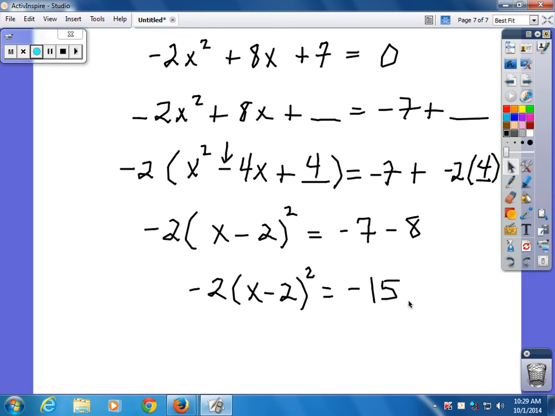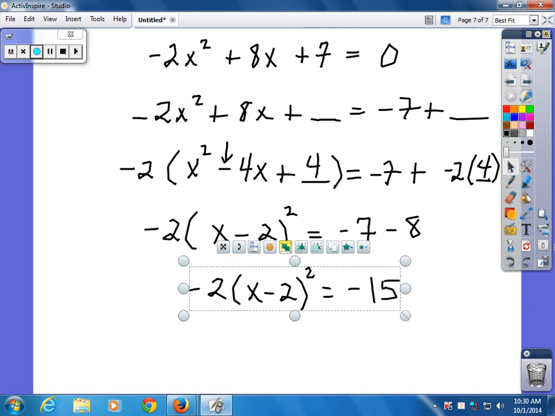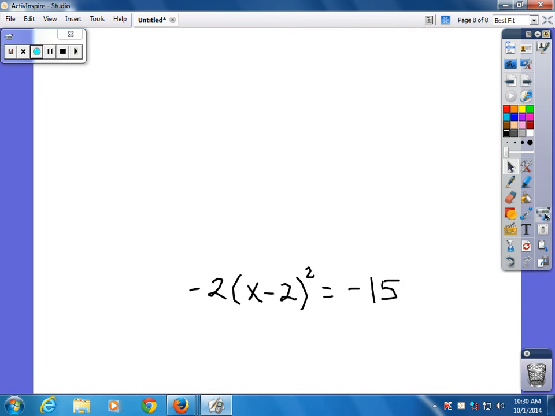Let's take this guy over to the next page, since the screen will let me do it on this one.